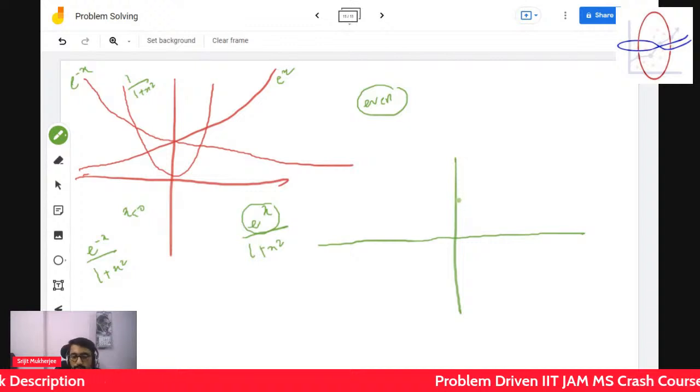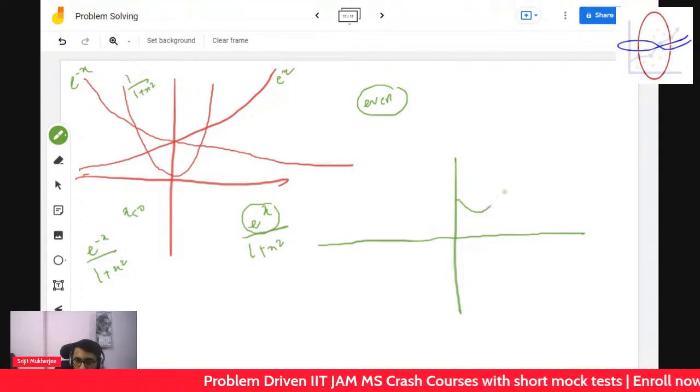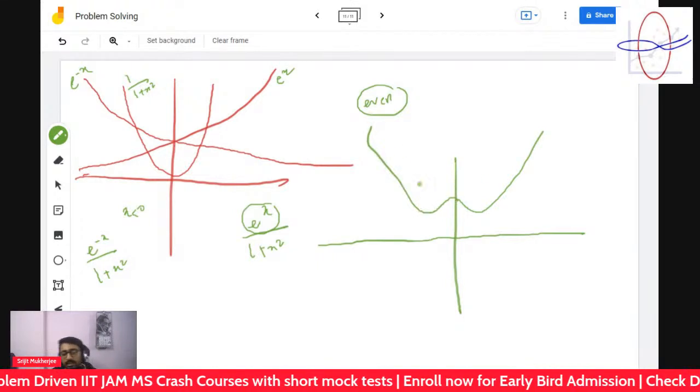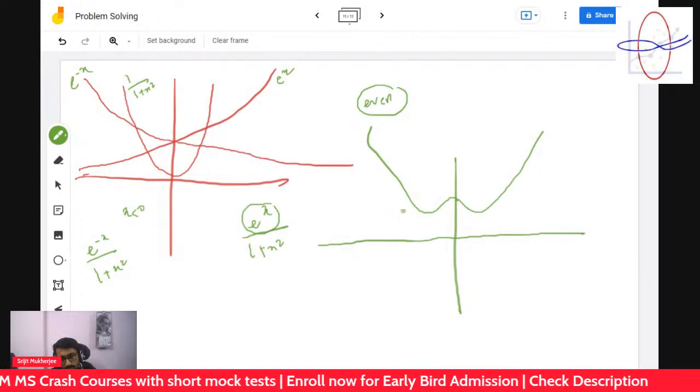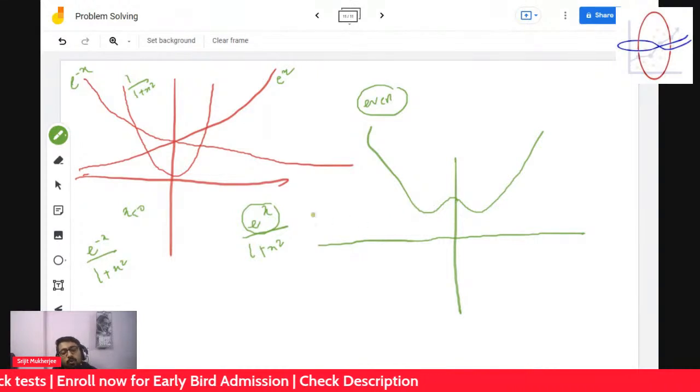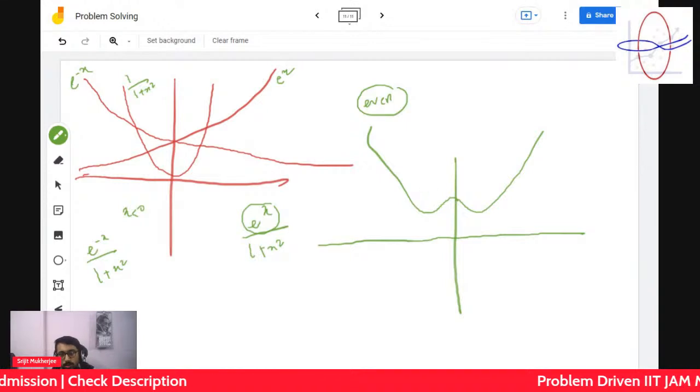At x equals 0, it's both 1. So initially it decreases and then it increases. Here also it initially decreases and increases. This is my opinion. Yes. So let's draw the function then. Just give me a minute.